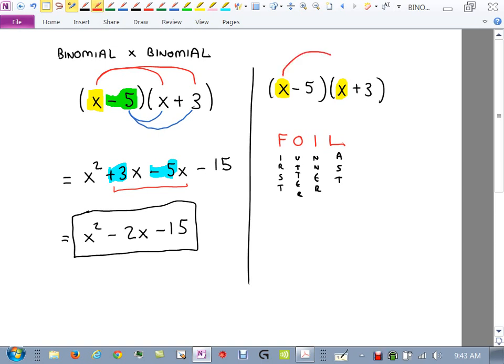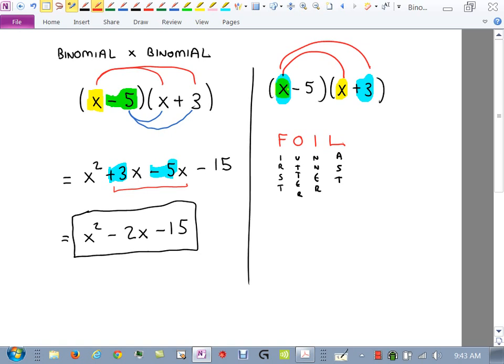Isn't that just doing this right here? Yes? Okay, then you're supposed to do the outer terms. The outer terms are the ones on the outsides. So what I mean by that is this is on the outside and this one's on the outside. Do you see that? The blue, they're on the outsides. I do the outers and multiply those. So that means multiply this times this, right?